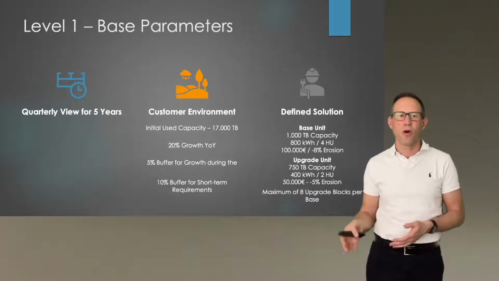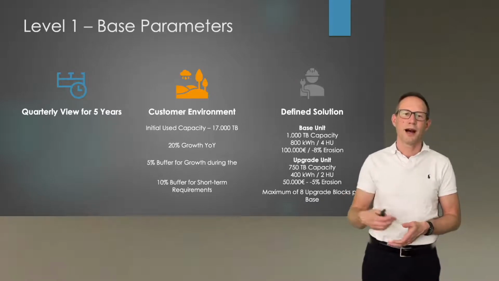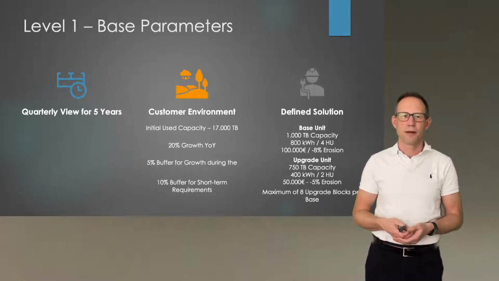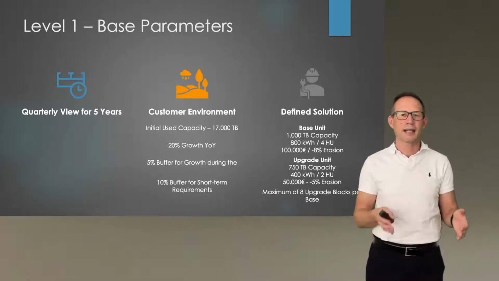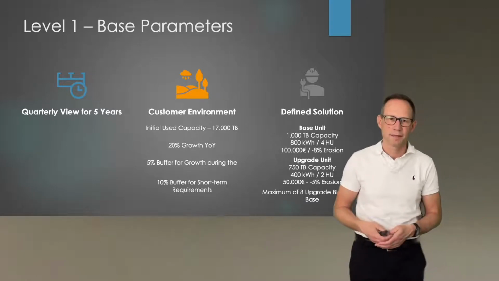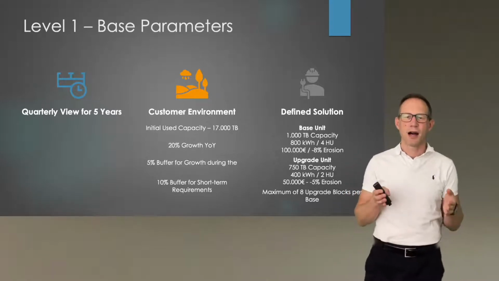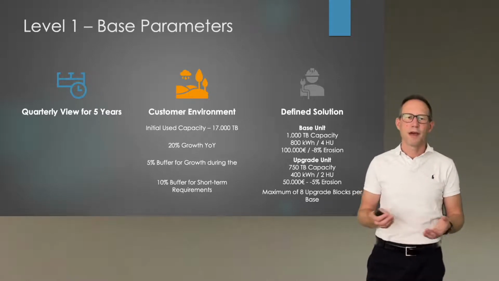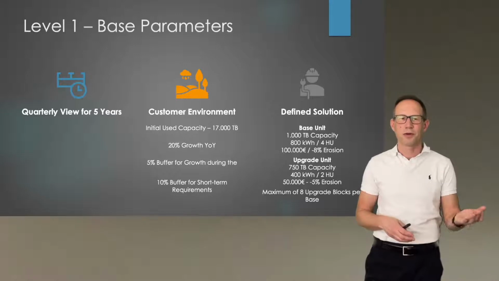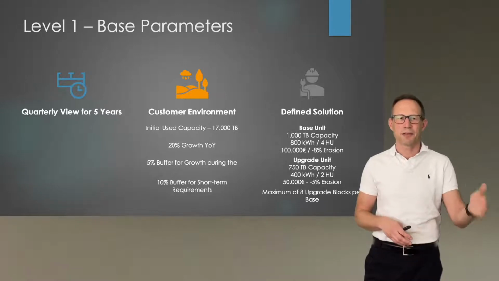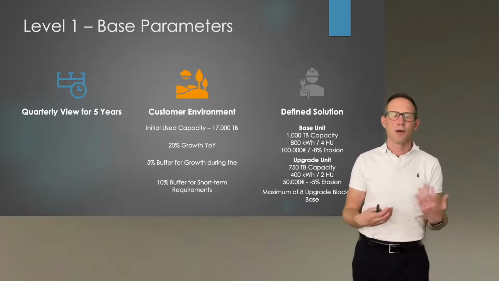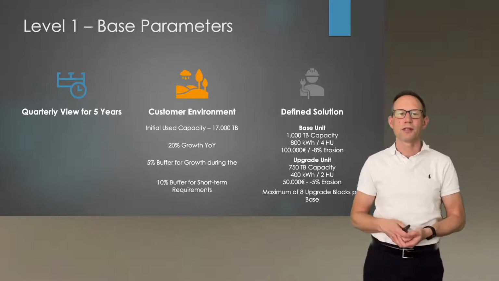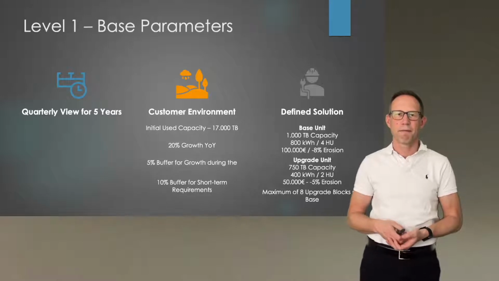It consumes 400 kilowatt hours, 2 height units, 50,000 euros and a 5% price erosion. And we can put a maximum of 8 upgrade blocks on one base. These parameters are used to make the calculation a bit easier. In reality, there would probably be other numbers, and they would not be so easy like 50,000, 400, 750. You would work with a lot of different numbers here. But for the calculation that we use, this is pretty much doing the job.